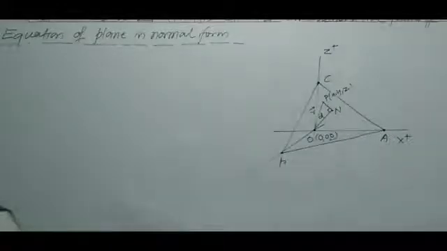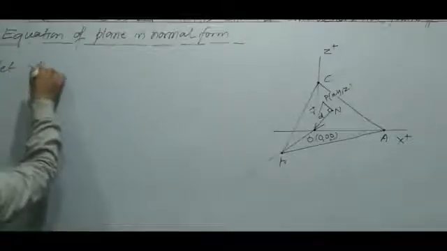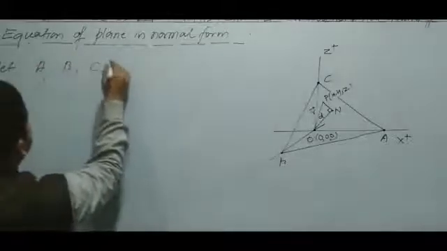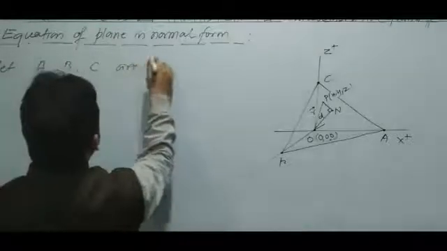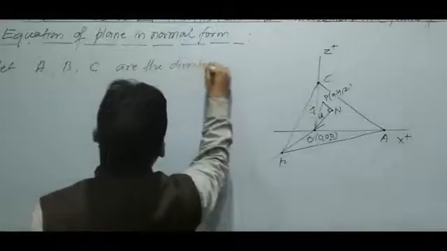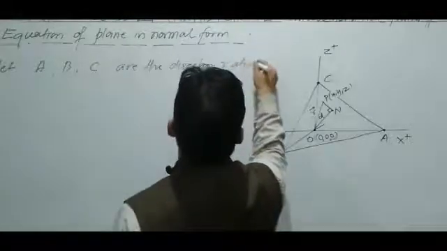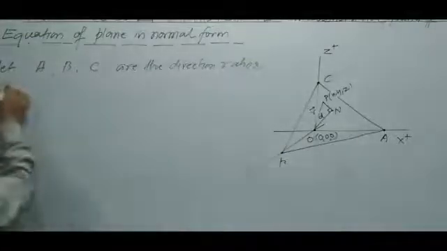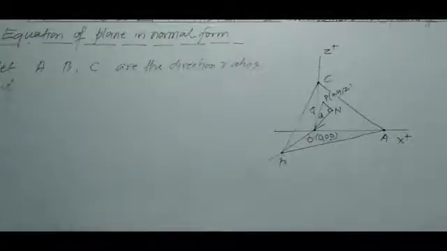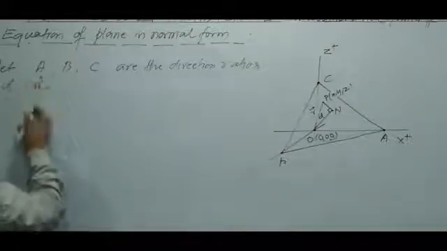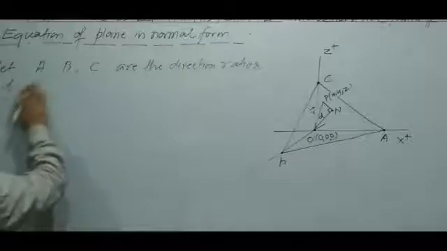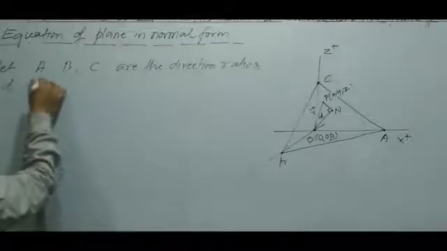Now suppose let capital A, capital B, capital C are the direction ratios of unit vector n, direction ratios of vector n or ON vector.